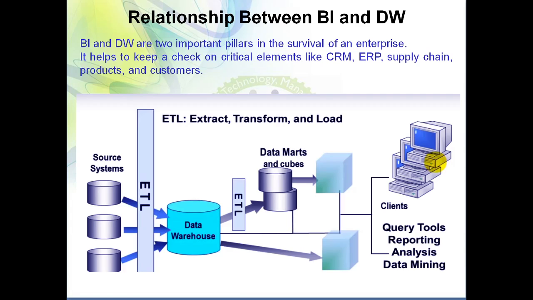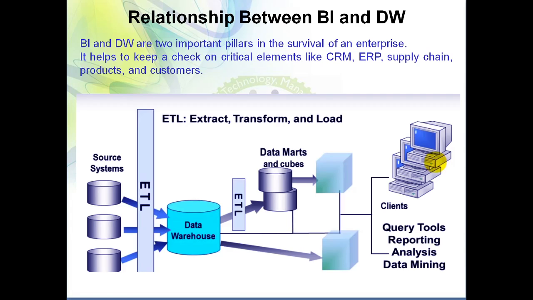So for that purpose they are using CRM, which helps us to maintain a healthy relationship between the customer and the business. Similarly, ERP is there, enterprise resource planning. For the smooth running of a business you require an ERP. Then supply chain management will be there, products are there, and customers are there. So all these things are there. This diagram represents the actual relationship between BI and data warehouse.